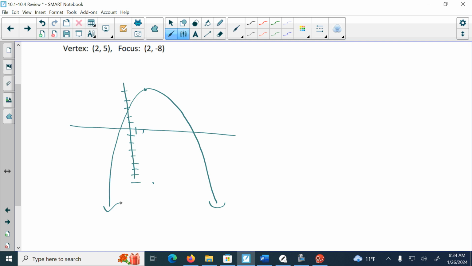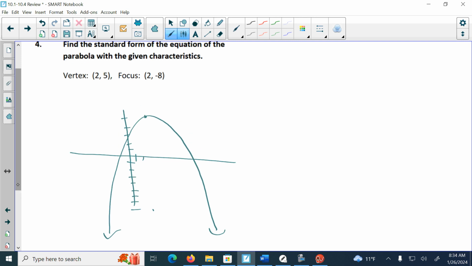So I know that the x is squared. So I'm going to have x minus the x coordinate of my vertex squared is equal to 4p. Don't know what my p is right now. And then y minus 2. Remember this minus 5. That's my h and my k.